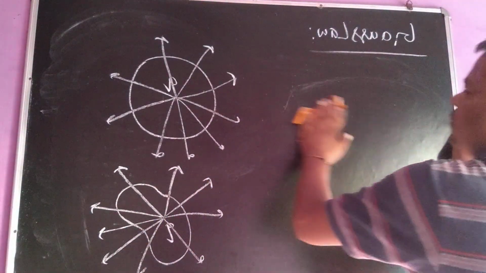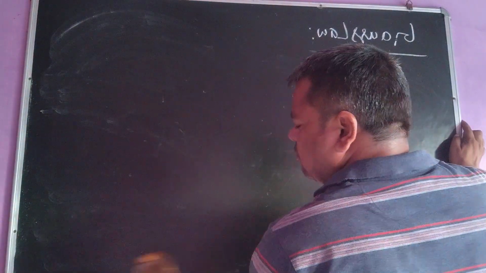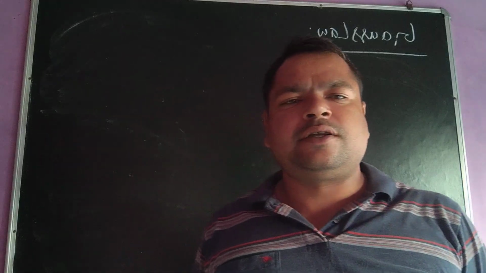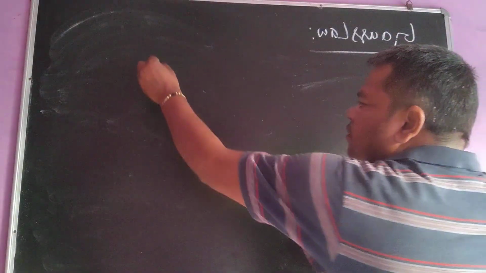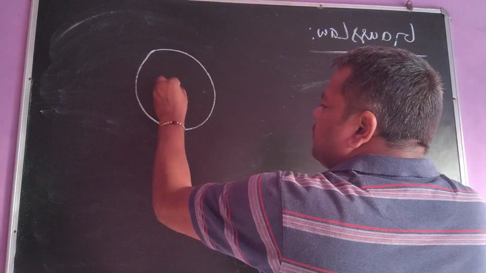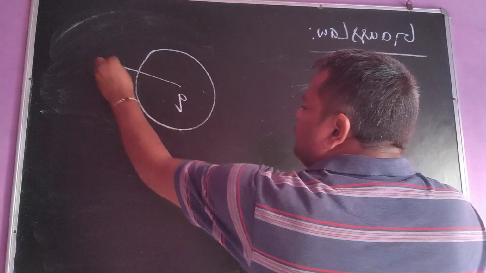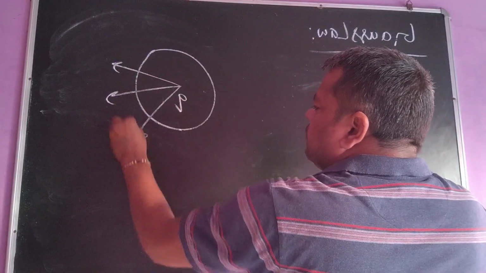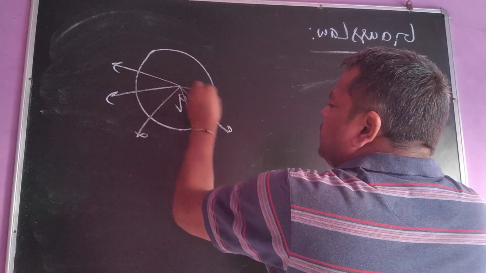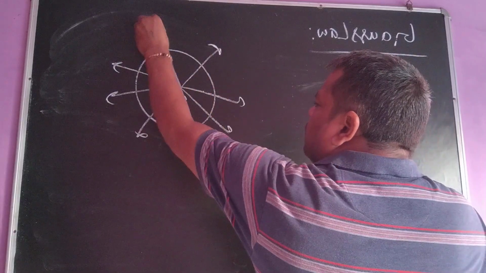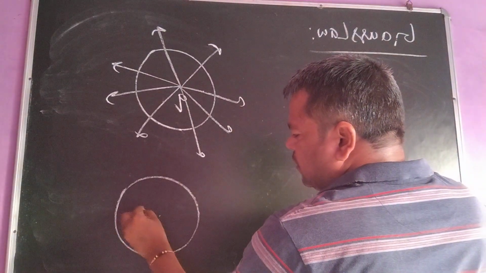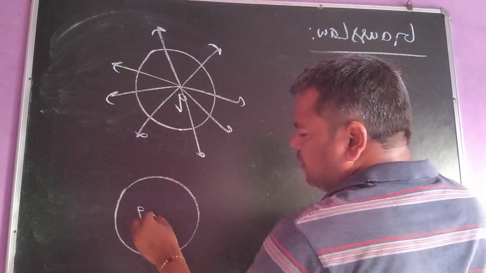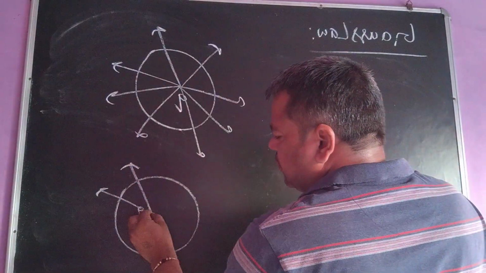Second point: the total flux through the surface does not depend upon the location of the charge inside it. If we have this Gaussian surface and the charge inside it is Q, and we have this another Gaussian surface and the charge is here, not at the center, the electric field lines will be like this.